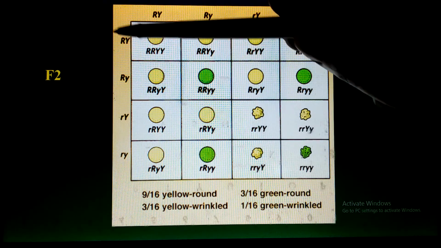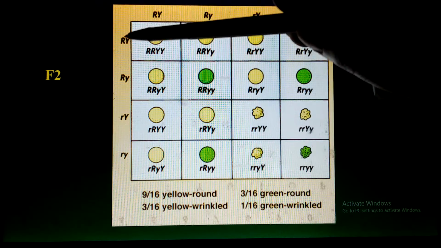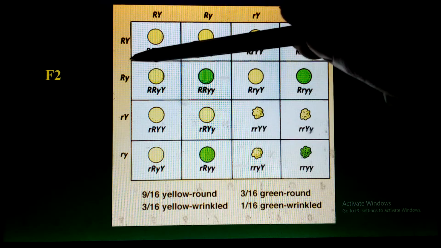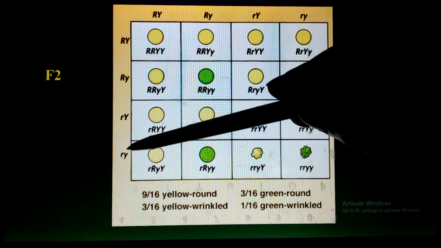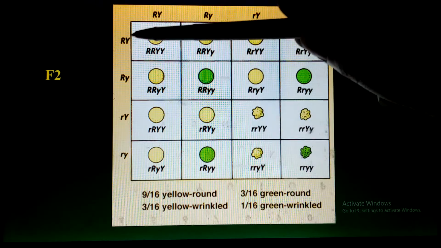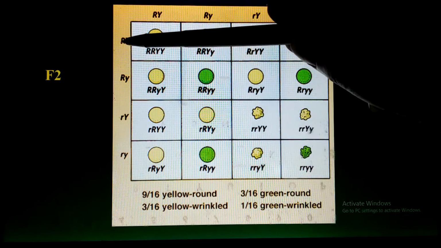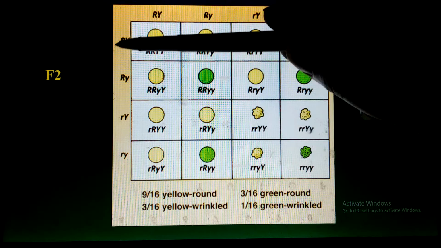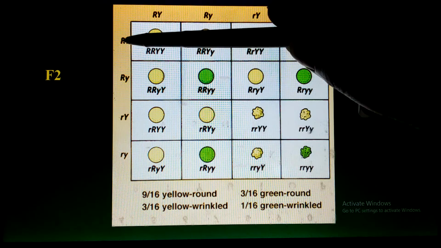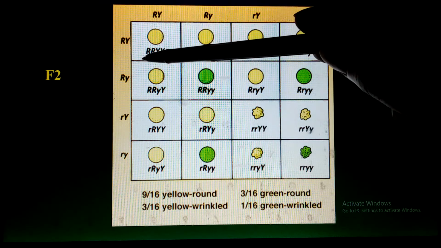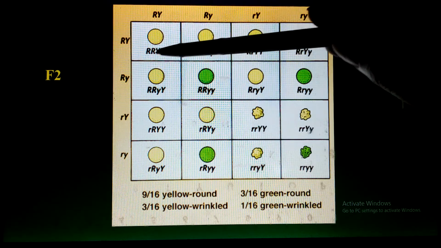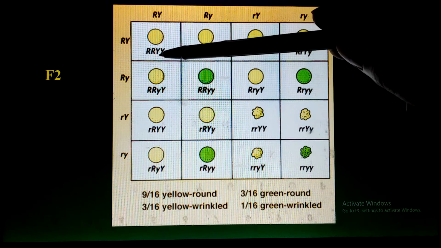Now what will happen? Capital R, capital Y; capital R, small y; small r, capital Y; small r, small y. Now the first cross: capital R, capital Y crossed with capital R, capital Y, you get capital R, capital R, capital Y, capital Y. Is it clear?